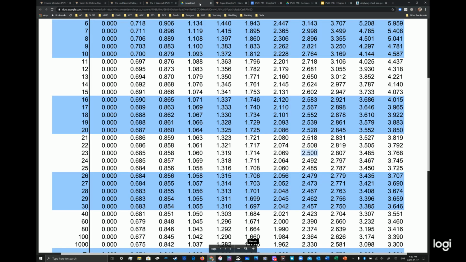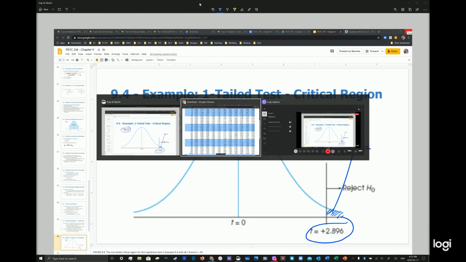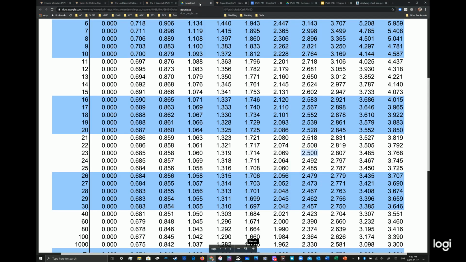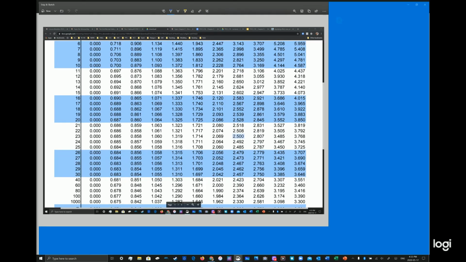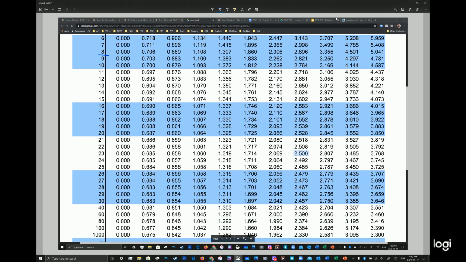Let's find the value 2.896 positive in the row that is degrees of freedom 8. So we got this row here, degrees of freedom is 8, and then we're looking for 2.896. Okay, we found the value, but right now we can't see what the corresponding alpha is.